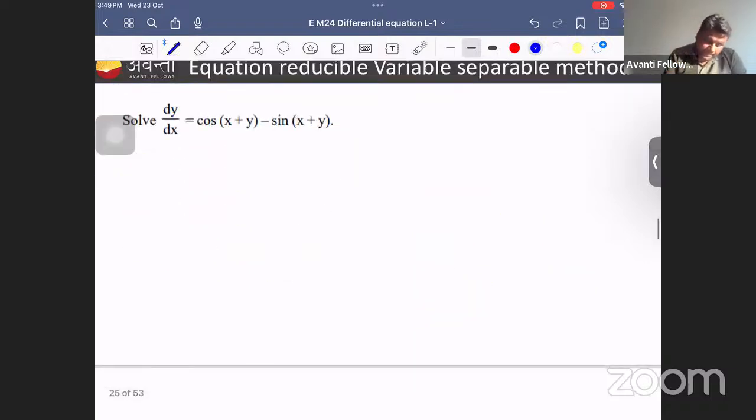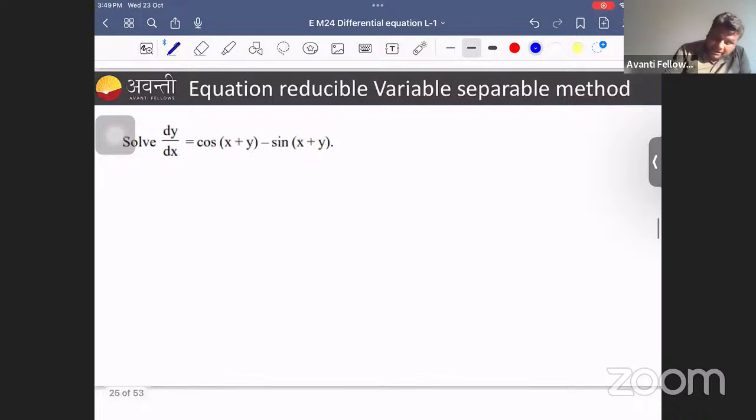Done? Now see this question. Same kind of question it is. Let x plus y is equal to t. So 1 plus dy by dx is equal to dt by dx. Now put dy by dx is what? Dt by dx minus 1 is cos t minus sin t.